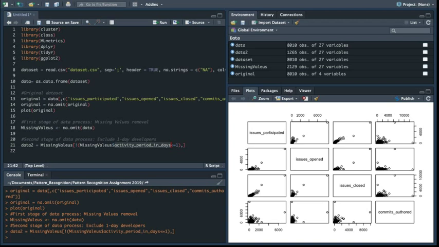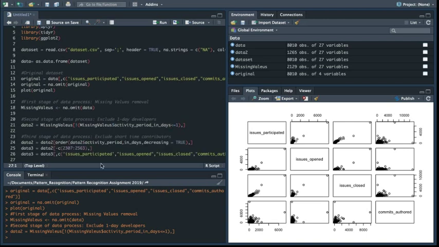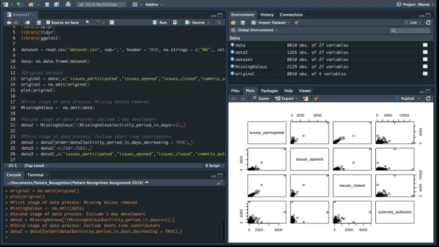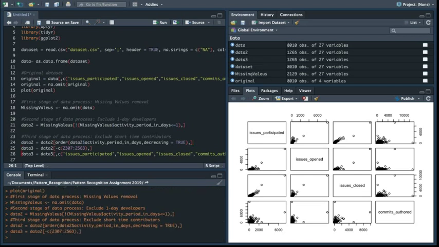So for the third part of our data pre-processing, we are going to order the data set based on the activity period in days, and we are going to exclude 5%, sorry, of the engineers who participated in the GitHub repositories less than the others.